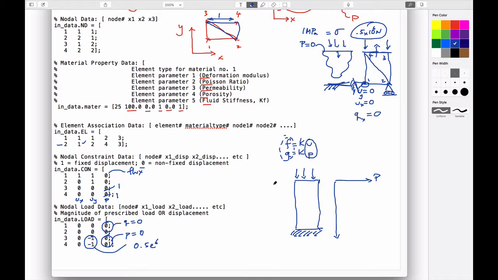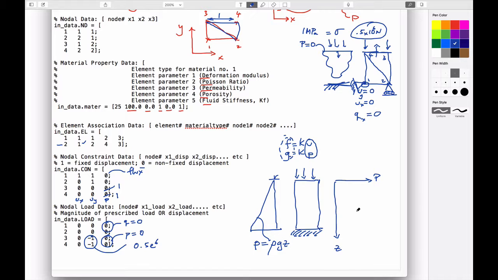Well, ignore first the part that if the water table is here, then the fluid pressure going down here would be hydrostatic, right? Rho GH. So we're only interested in changes because that would be the initial condition.